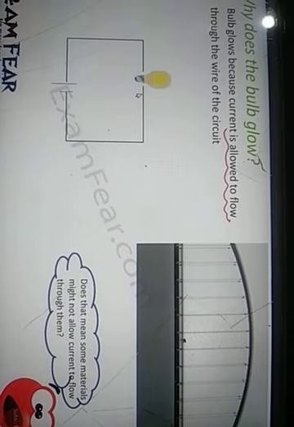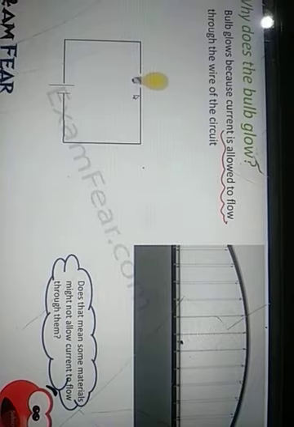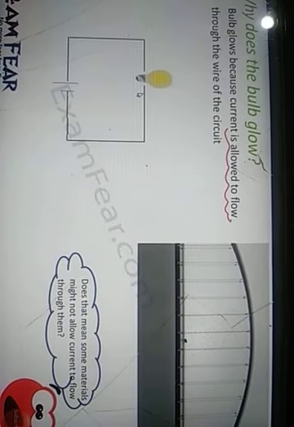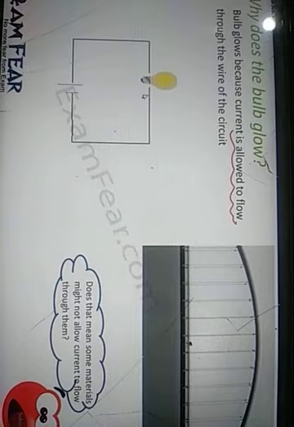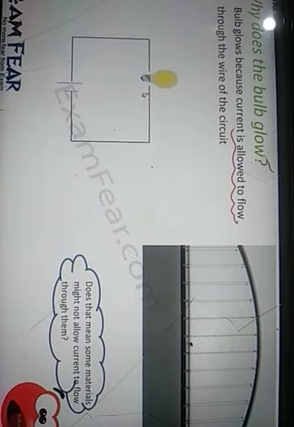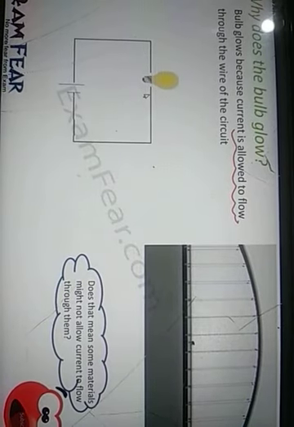For example, we make use of wire, and these wires are made up of metals which allow current to pass through them. Copper wire allows current to pass through it. Not only copper, most of the metals allow current to pass through them, and therefore the nature of the material of the wire is also an important factor which decides whether the current can flow through the circuit or not.